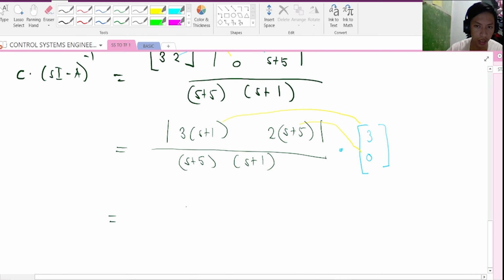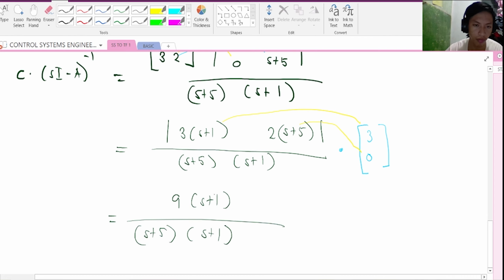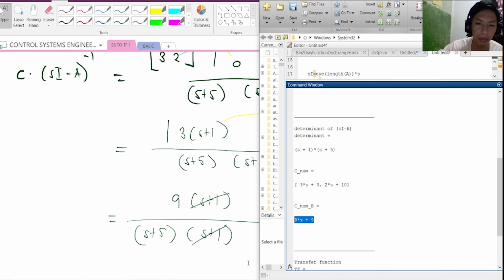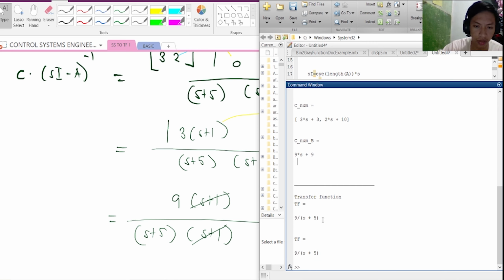The important part is 3 times 2 would be 9s plus 1. We deserve now a drum roll. If we go back again to our MATLAB code, we have this B, which is 9s plus 1. It's just distributed. And then the transfer function is this.